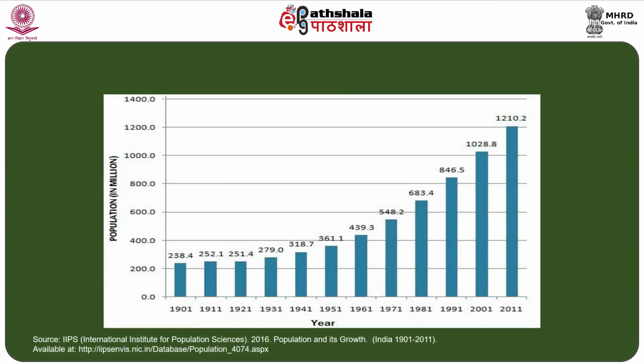And the graph clearly depicts the steady increase in the population size of India, which, if you look at 1901, was around 238 millions, which came up to 1028 millions in 2001 and further moved to 1210 millions in the 2011 census, which clearly indicates the phase in which the population growth is happening in the country.